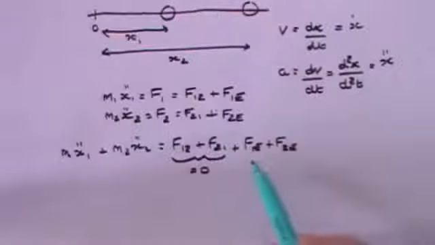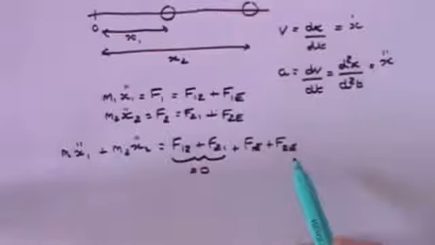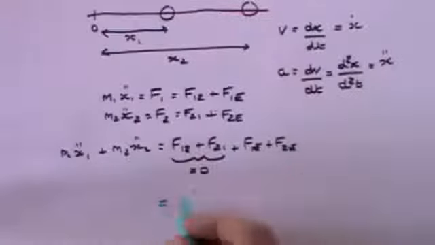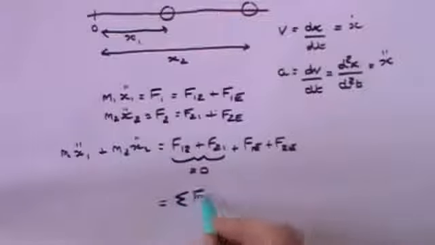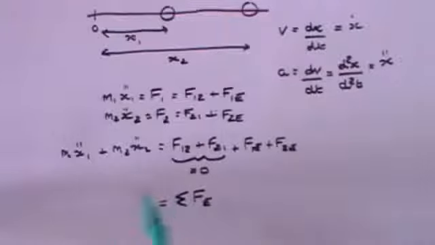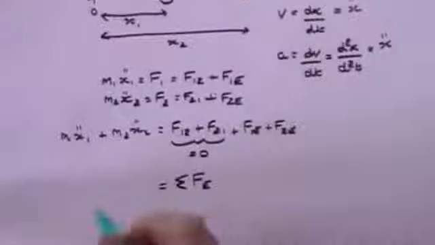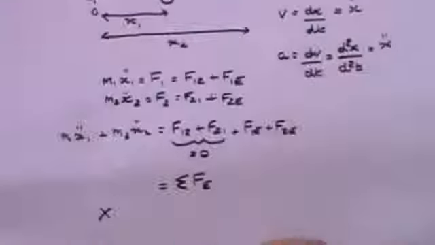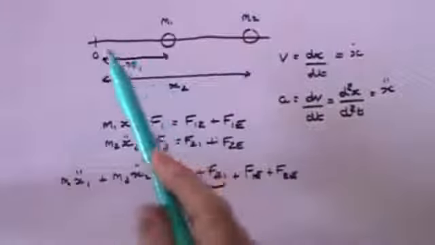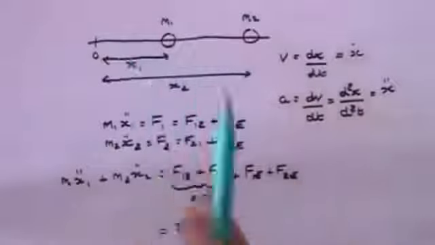And what is left is now just the sum of the external forces, which we can write as sigma external forces. So all the external forces added together are the force that creates this mass times acceleration term on the left-hand side. I am going to define a thing called x, capital X. It's a distance and it's going to sit somewhere on the x-axis.